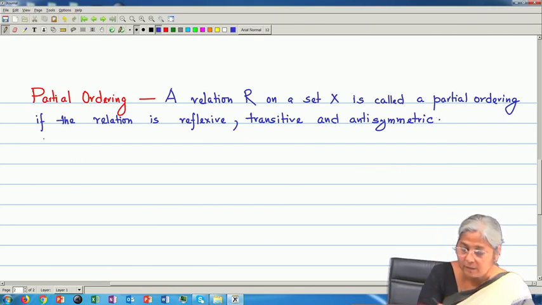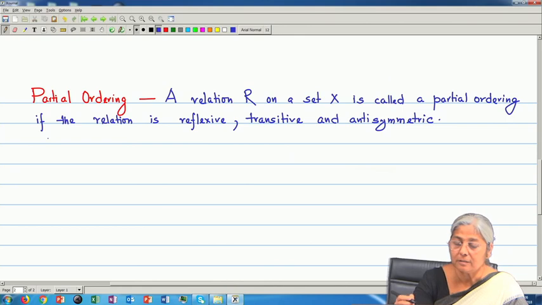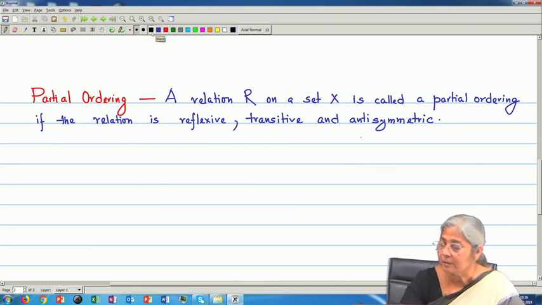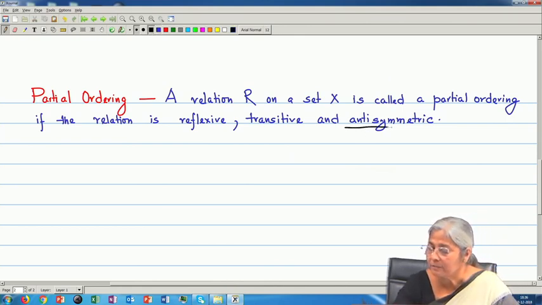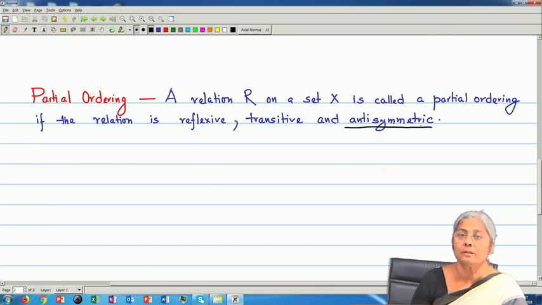Now, if we remember, instead of antisymmetric, if it is symmetric, then last day we defined that as an equivalence relation.